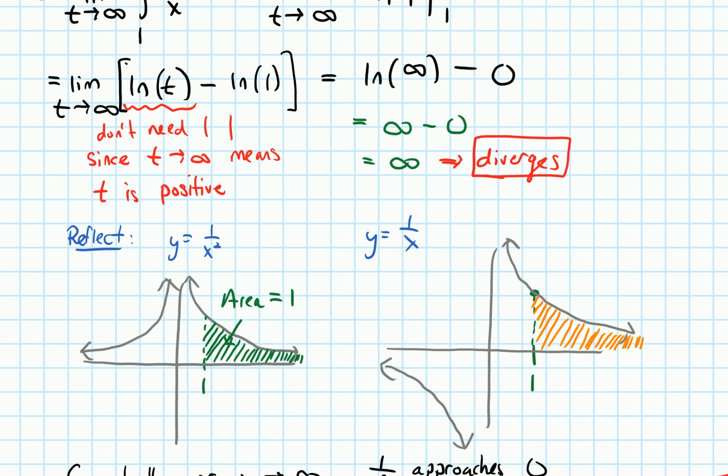This one's larger because this orange region extends higher up, because the graph of 1 over x extends higher up. And moreover, it's weird, but it turns out this one is actually infinite. This one is actually an infinite area. We just figured it out up here. This limit ended up being infinity.